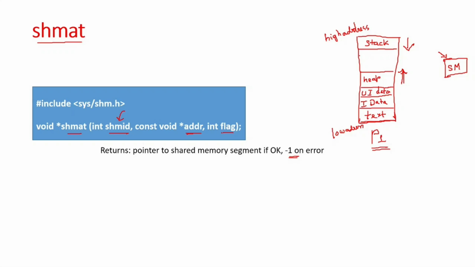After the successful SHMAT function, this SM will be part of the address space of the process P1, and it is placed in between the heap and the stack. This is the shared memory residing inside the memory address of the calling process.